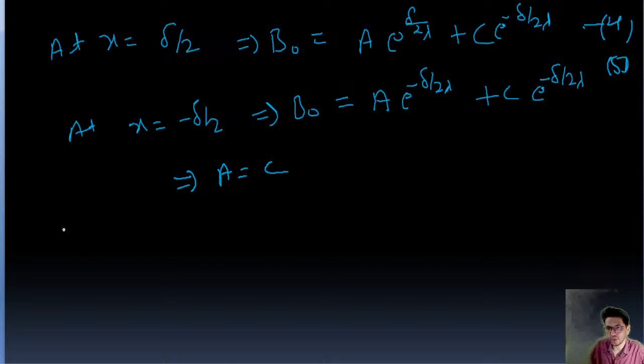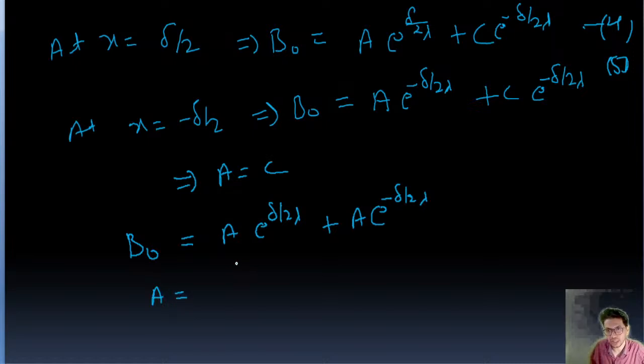Okay, so from here we can write B naught equal to A e to the power delta upon 2 lambda plus A, since A equal to C, means A e to the power minus delta by 2 lambda, right? So from here we can get the value of A. Value of A is going to be B naught upon e to the power delta upon 2 lambda plus e to the power minus delta upon 2 lambda, right?